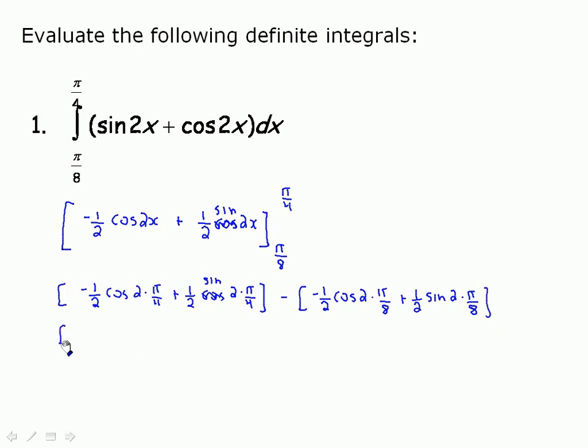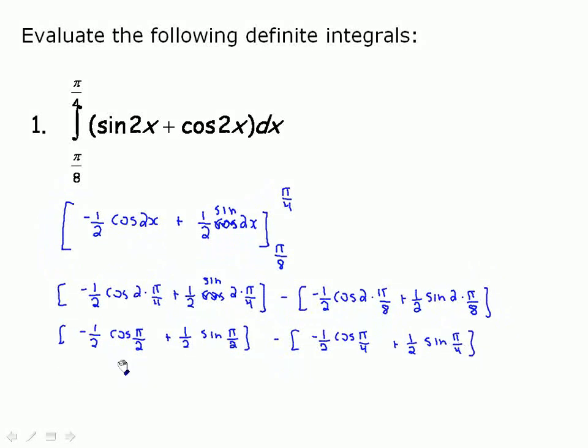Okay, so now we get negative 1 over 2 times the cosine of 2 pi over 4, which is pi over 2, plus 1/2 times the sine of pi over 2, minus negative 1/2 times the cosine of pi over 4, plus 1/2 times the sine of pi over 4.